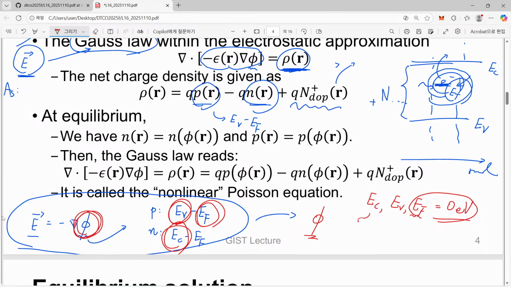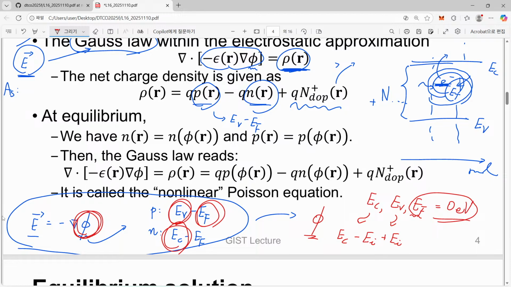Now we have to eliminate EC and EV, but there is quite a good way to do that. Let me show it to you. EC equals EC minus EI plus EI. Here EI is the intrinsic Fermi level.